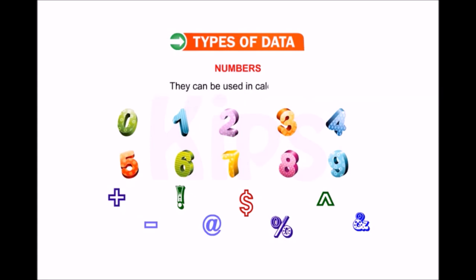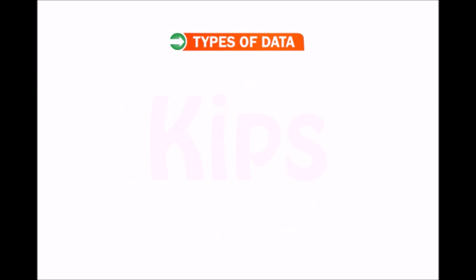They can be used in calculations. In addition to actual numbers, Excel also stores date and time as numbers. By default, numbers are right-aligned in a cell.